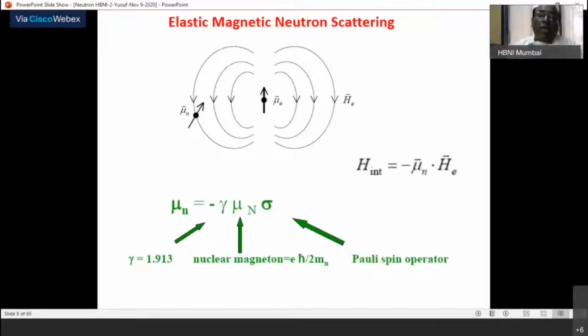It is the interaction between two magnetic dipoles, the neutron magnetic dipole and your atomic or ionic magnetic dipole. Now the question I am raising is, when the neutron interacts with this, how much moment will the neutron see? Will the neutron see the full moment or something else? The answer is that it does not see the full moment.